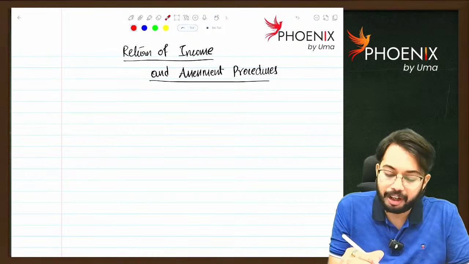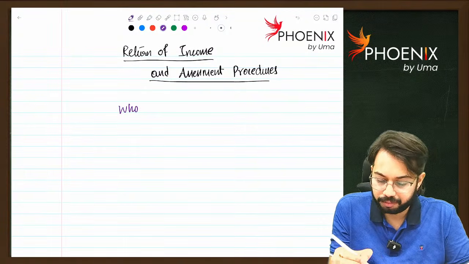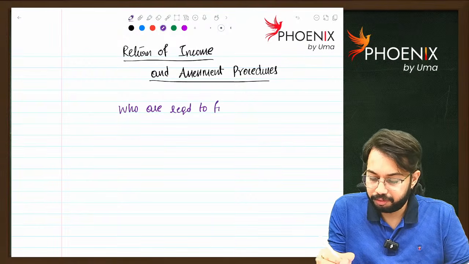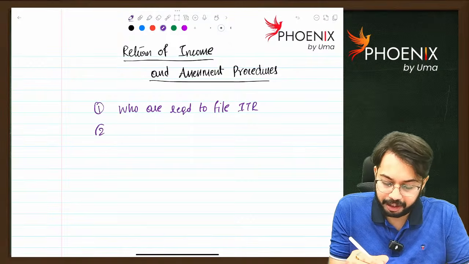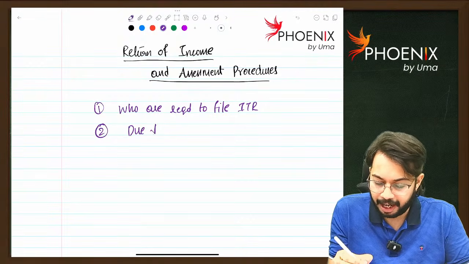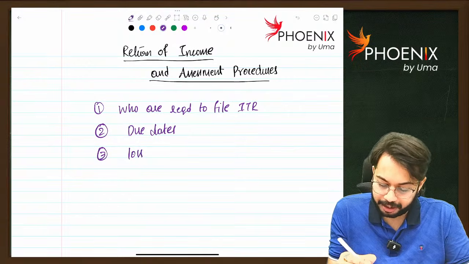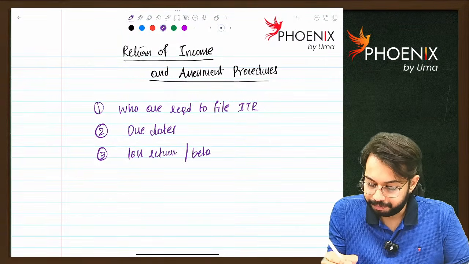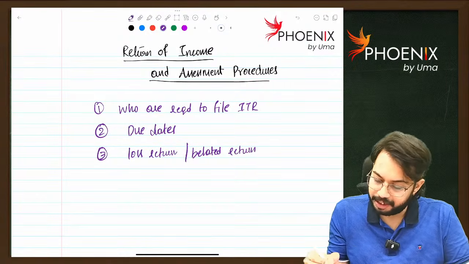I am going to cover who are required to file ITR. That I will cover. Next, I will cover due dates for filing ITR. Next, I will cover loss return, belated return, revised return.